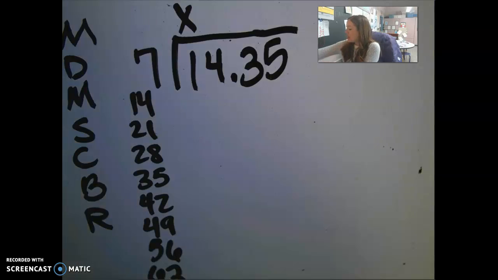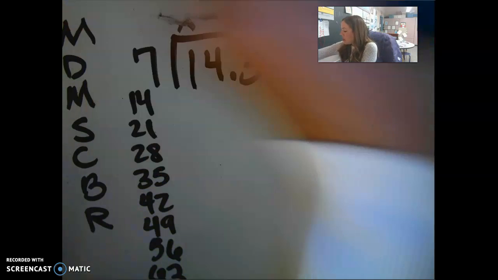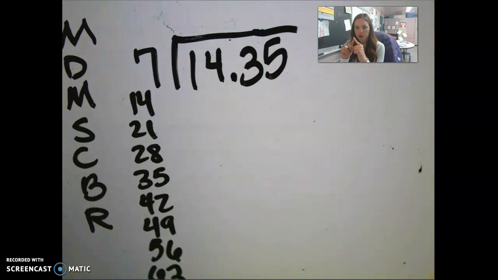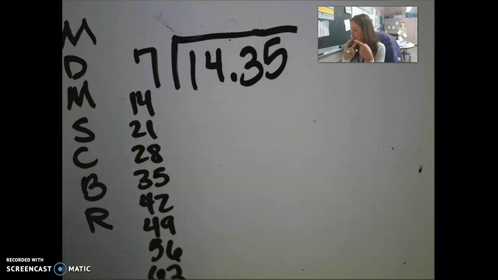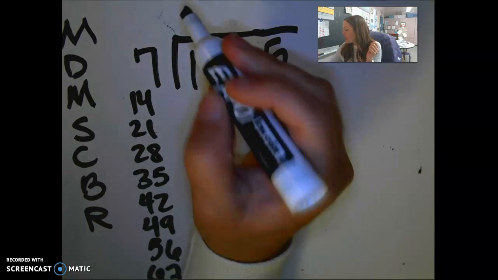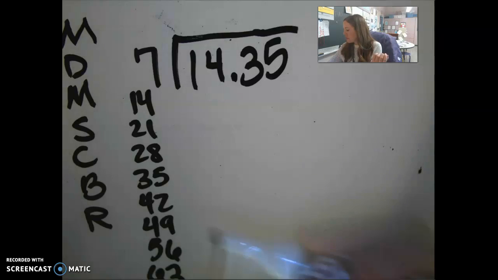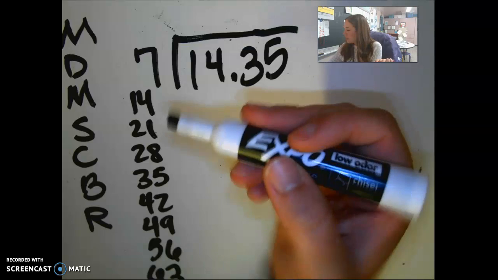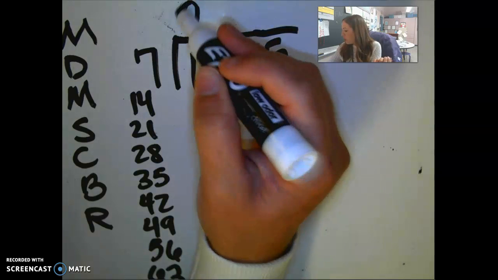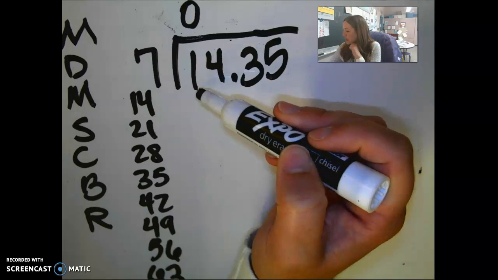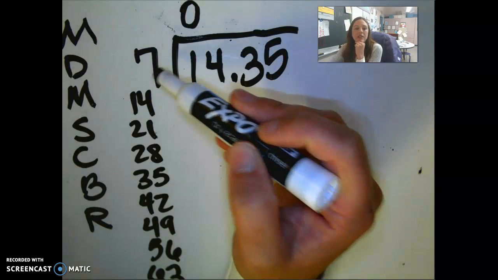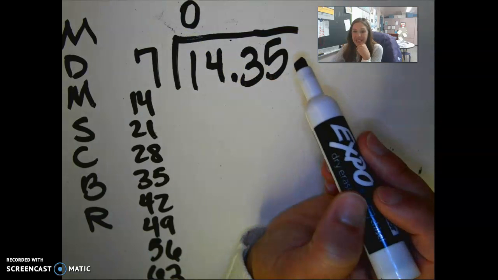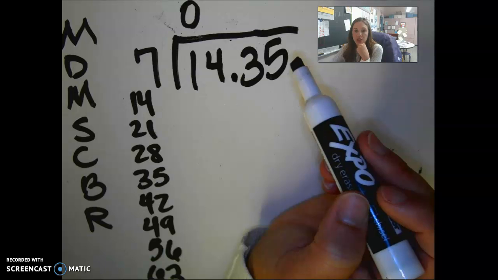Now, there's some pros and cons to using the X. The pro is it reminds us to multiply. But the con can also be, in this type of problem, if we know that when 7 cannot go into 1, or 7 goes into 1 0 times, that can also help us remember to do it in the middle of the problem versus just at the beginning.